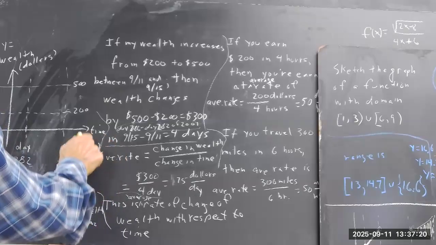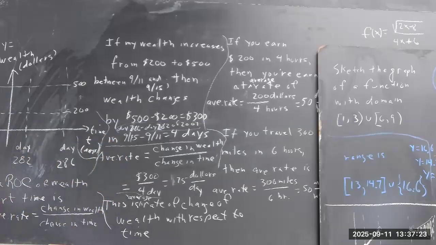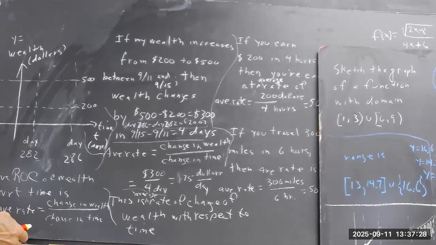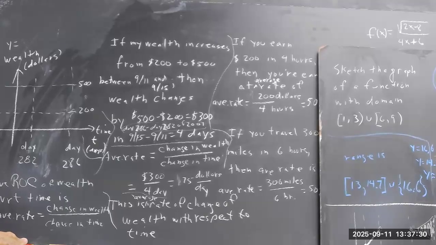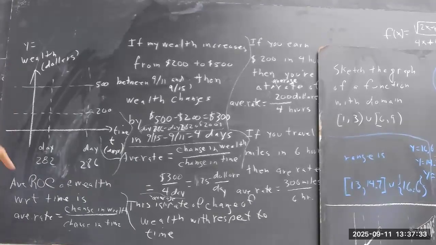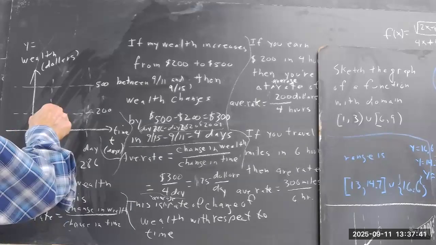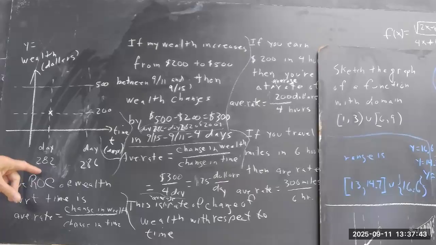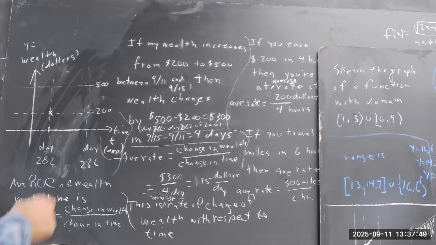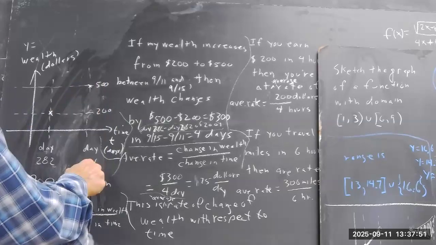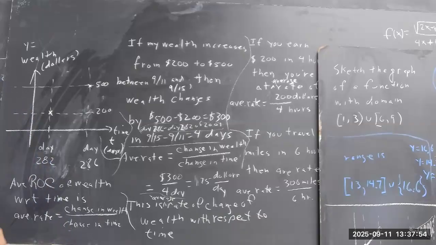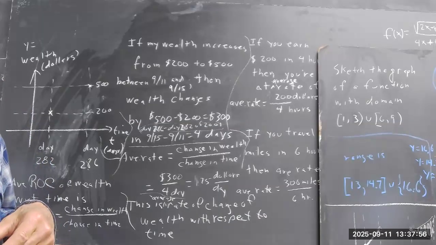Now I wrote days down here. You can't read it, but it's a good thing to specify. You can look at the video and see it a little more clearly. And it's pretty much all there, but let's make sure. Then this point here represents the fact that on day 282, our wealth is $200. And this point represents the fact that on day 286, our wealth is $500.